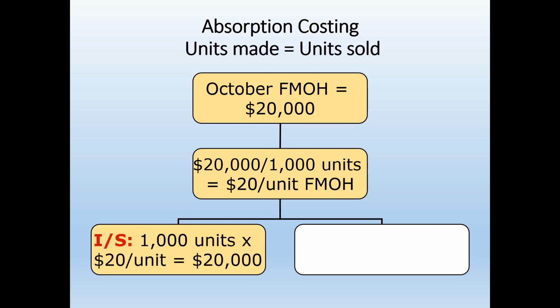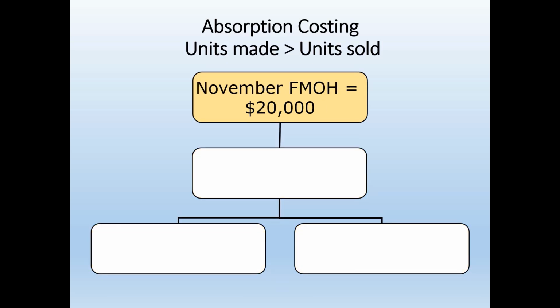As it happens, in October, the firm sold all 1,000 units, and each unit carried its $20 share of fixed overhead onto the income statement. No units ended up on the balance sheet as ending inventory, so none of that fixed overhead appeared on the balance sheet.